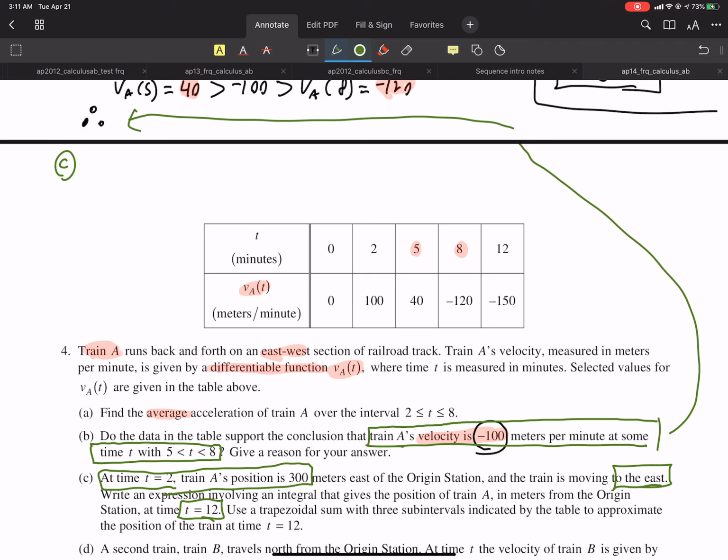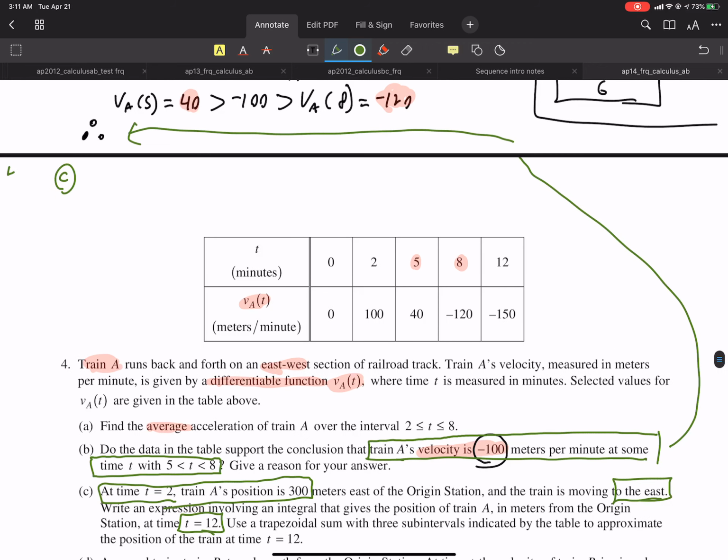So I'm going to do this x sub a off to the side. Let x a of t be the position of train A. I do that because I'm introducing a new function, so I have to tell them what the function I'm using is. So they want XA at 12.